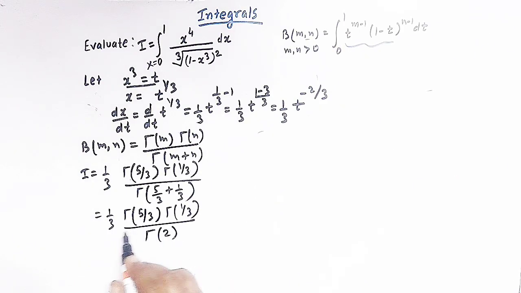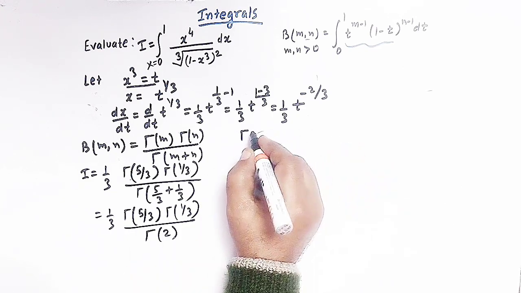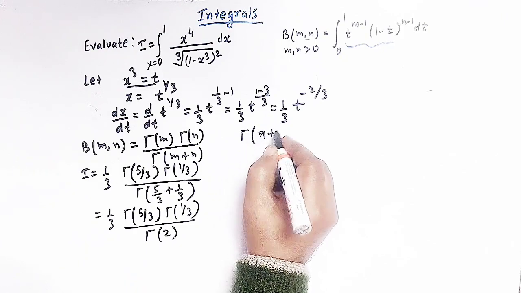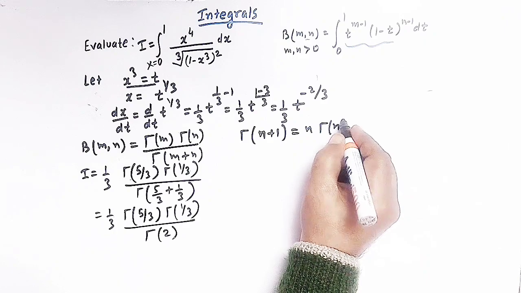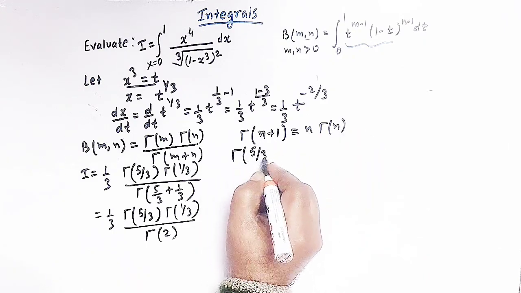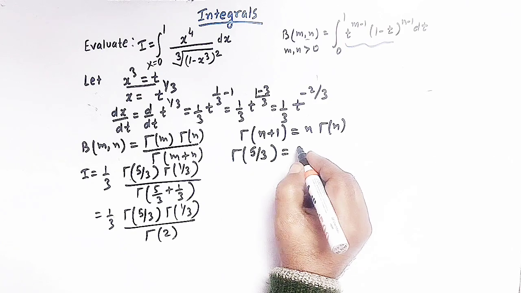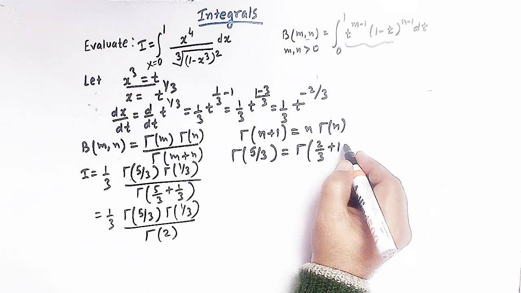So now to get the value of gamma 5 over 3, let us make use of this important result, that is gamma n plus 1 is equal to n times gamma n, right? So if we take gamma of 5 over 3, then gamma 5 over 3 can be written as 2 over 3 plus 1.